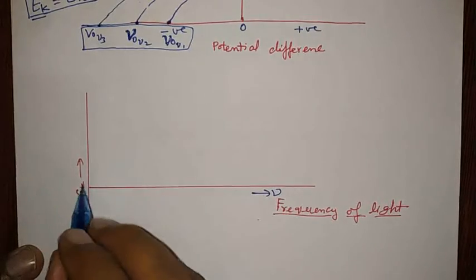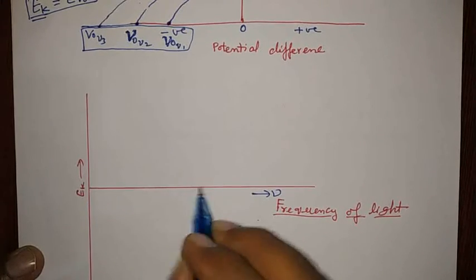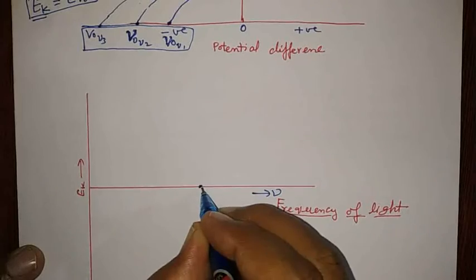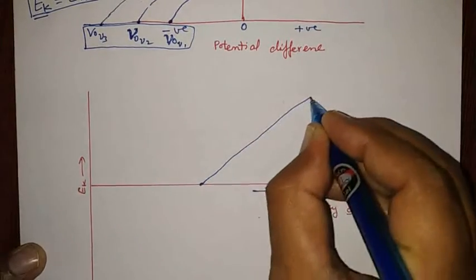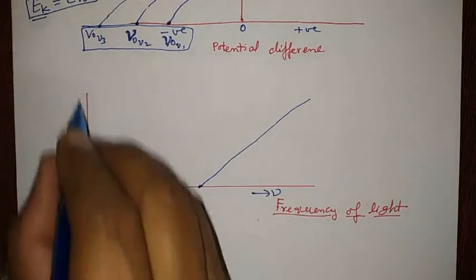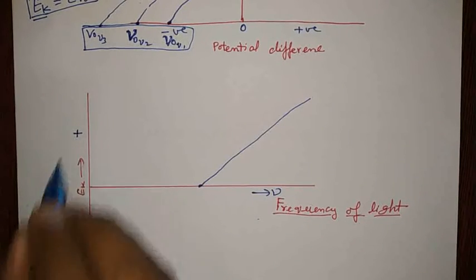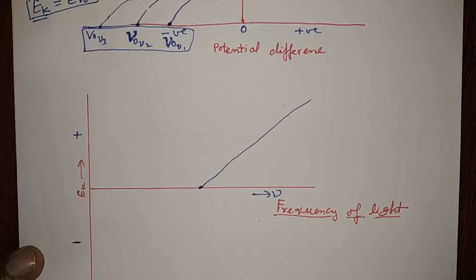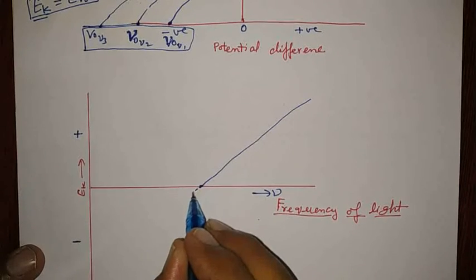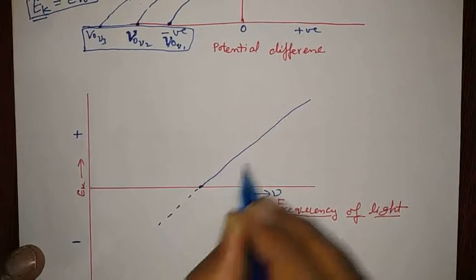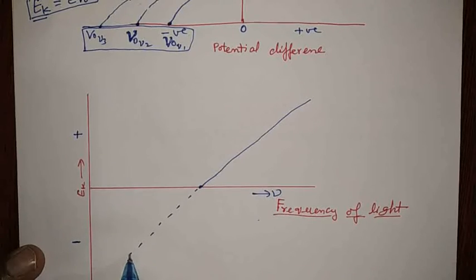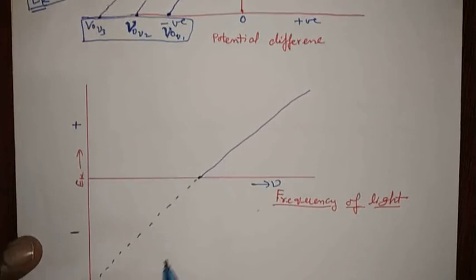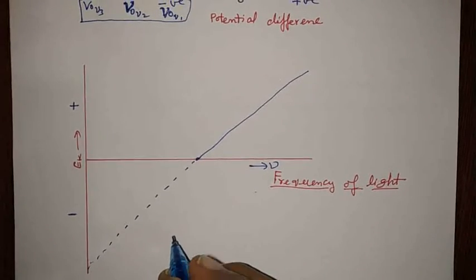Now as frequency increases, the kinetic energy of the photoelectron increases. Here is one graph. This explains increasing in the positive direction. This is kinetic energy in the negative direction. No energy in the negative direction. We can extend this straight line backward, but actually it is not obtained in this case.